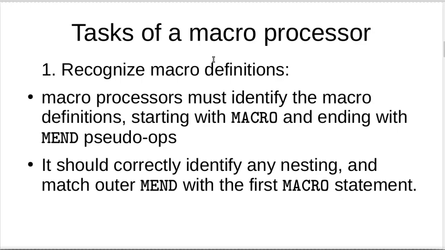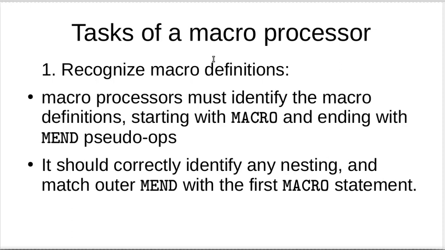Now the macroprocessor has certain tasks to do. If we break down the job of a macroprocessor, we can get 4 distinct jobs, and we are now going through each of these jobs. The first task is to recognize the macro definitions.